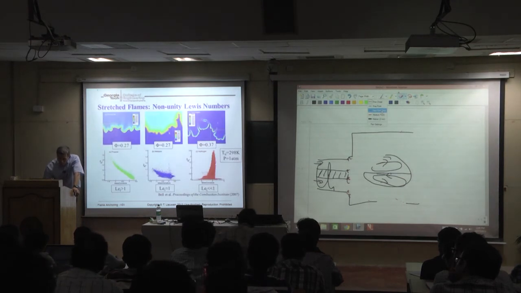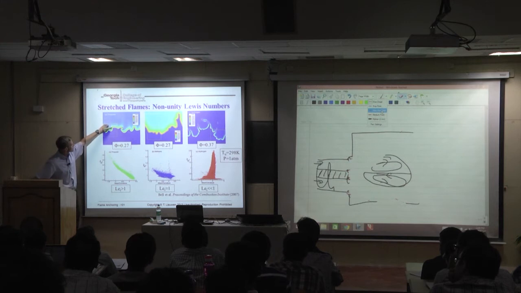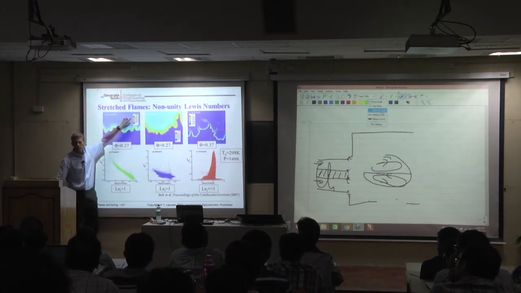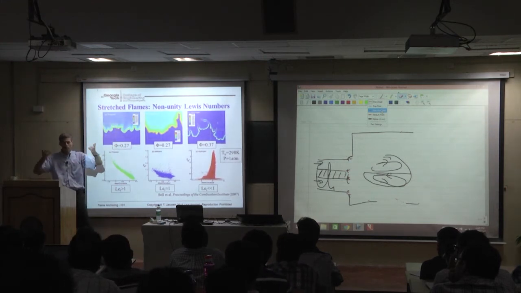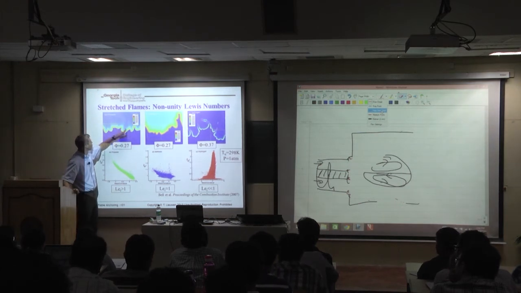And that would correspond to regions of the flame right here, or right here, or right here. I don't know if you can see it from back there, but you see how there's enhanced OH, probably because you have higher temperatures, so your OH levels are going up. Higher burning rates are going to be happening right here.